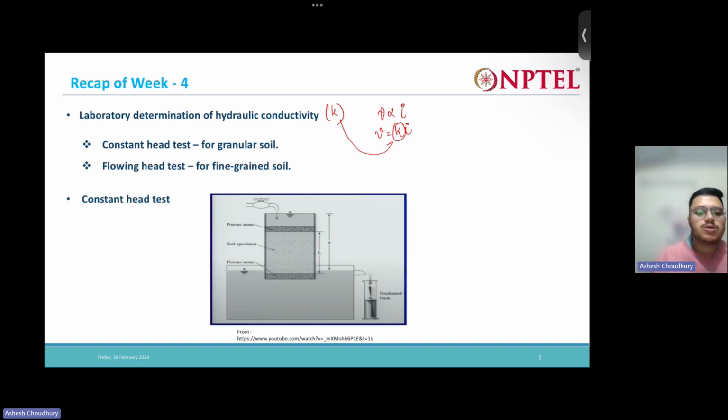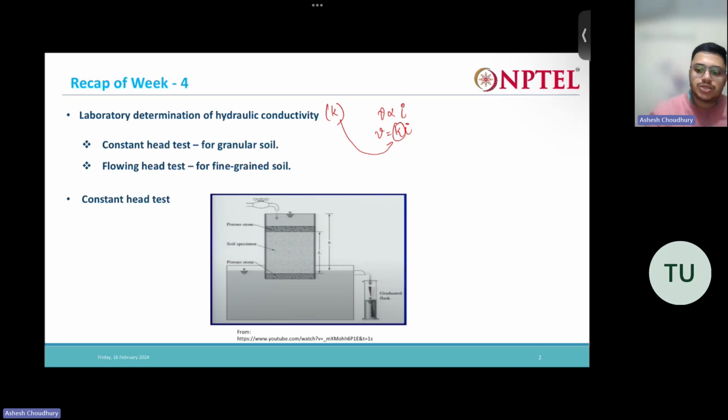That's why we need to give some large head difference, and we use the falling head test. So one is the constant head test and the other is the falling head test. The constant head test is generally used for granular soil, and the falling head test is generally used for fine grained soil.